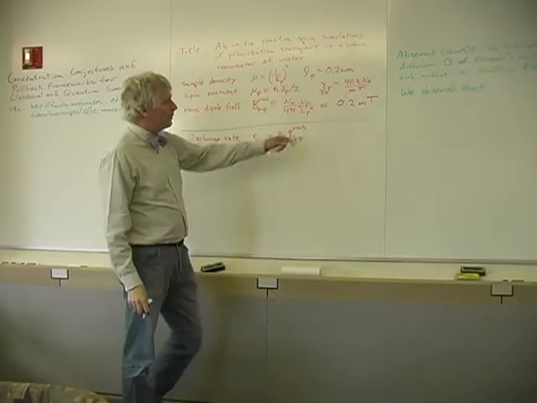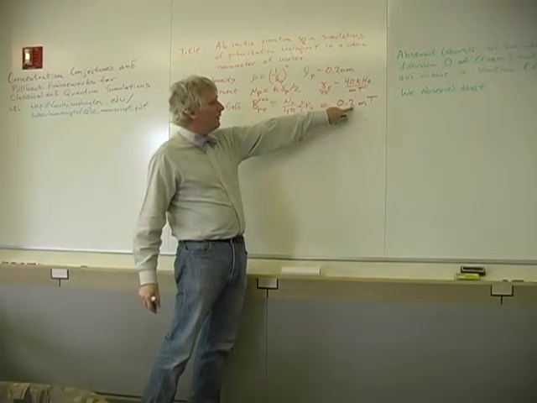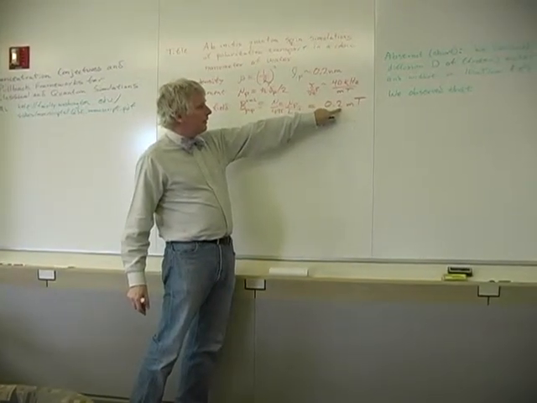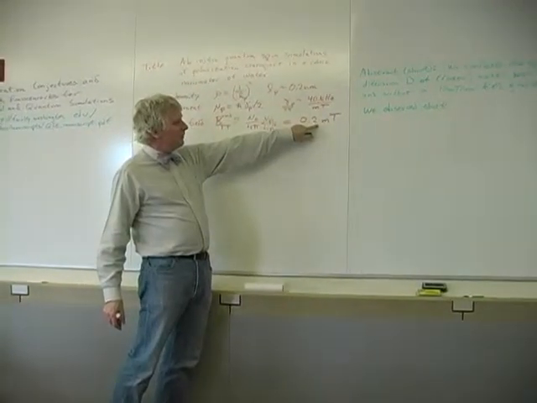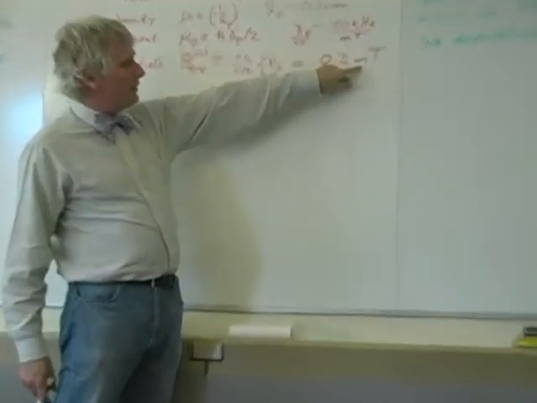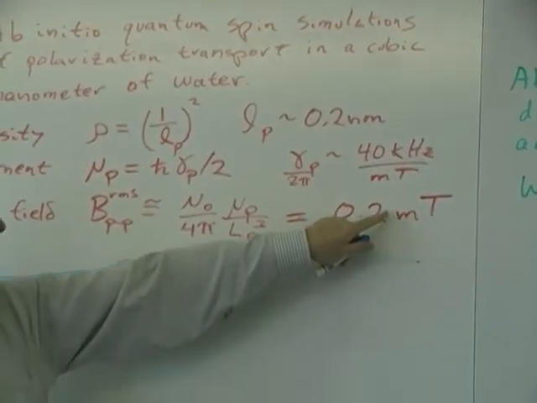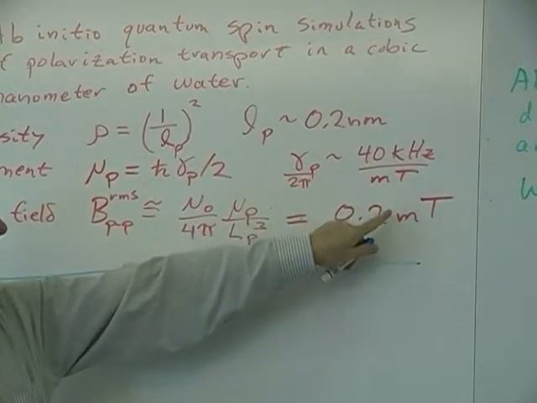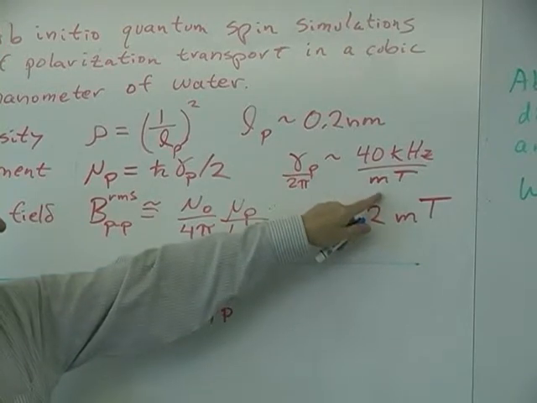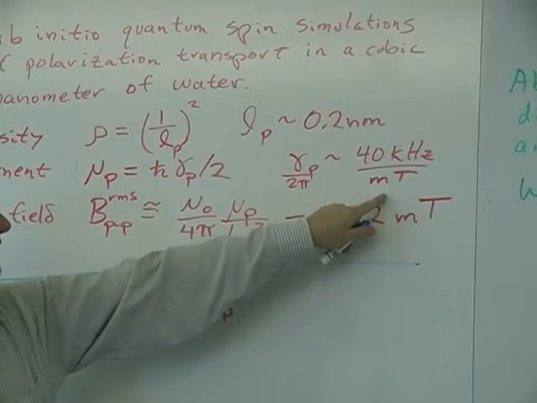And I can look these up right here. This is around 0.1 millitesla times 40 kilohertz per millitesla. So it's going to be around 0.2, around 8 kilohertz.